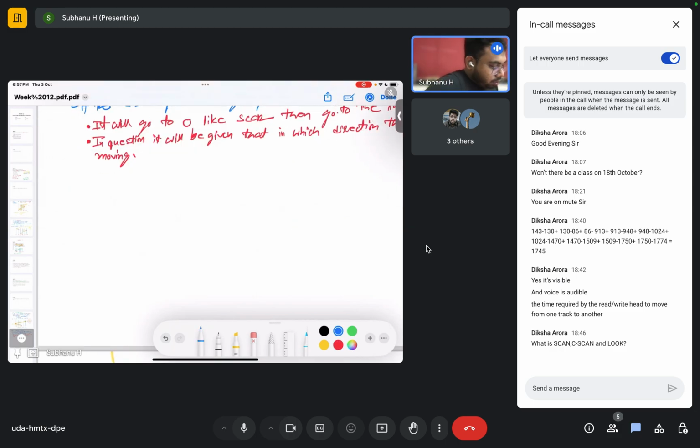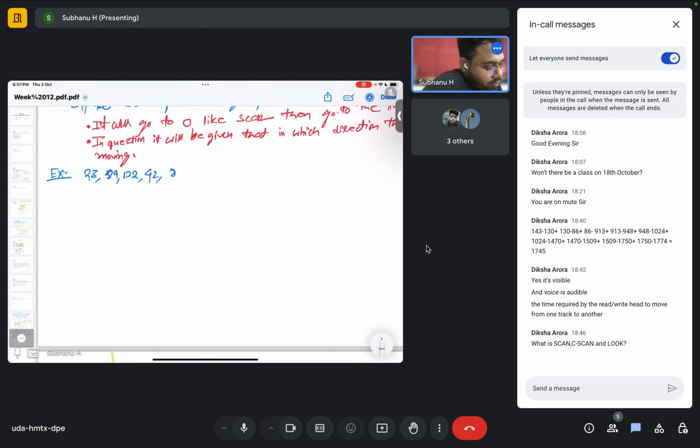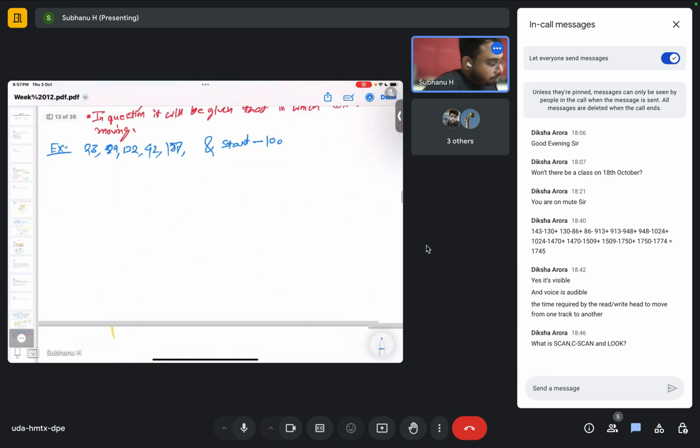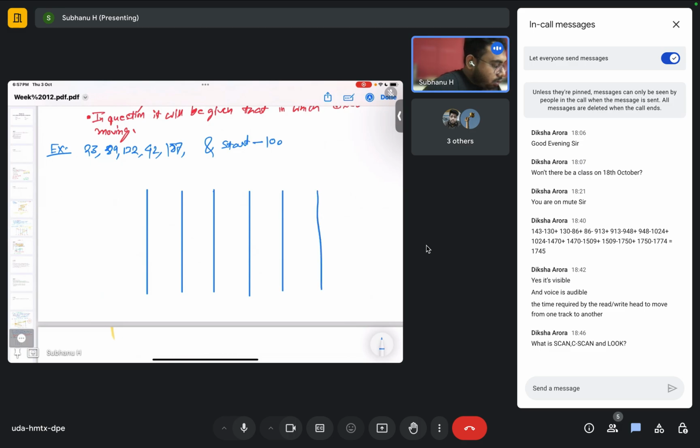Our example was 23, 89, 132, 42, 187, and start from 100. So I will be drawing like this: 1, 2, 3, 4, 5, 6.